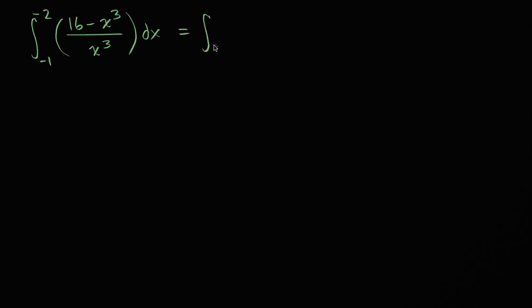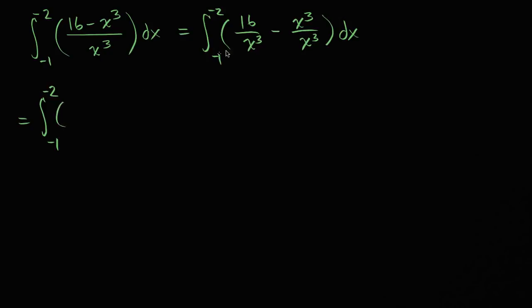This is the same thing as the definite integral from -2 to -1 of 16 over x^3 minus x^3 over x^3 dx. And now what is that going to be equal to? I could write this first term as 16x^-3.